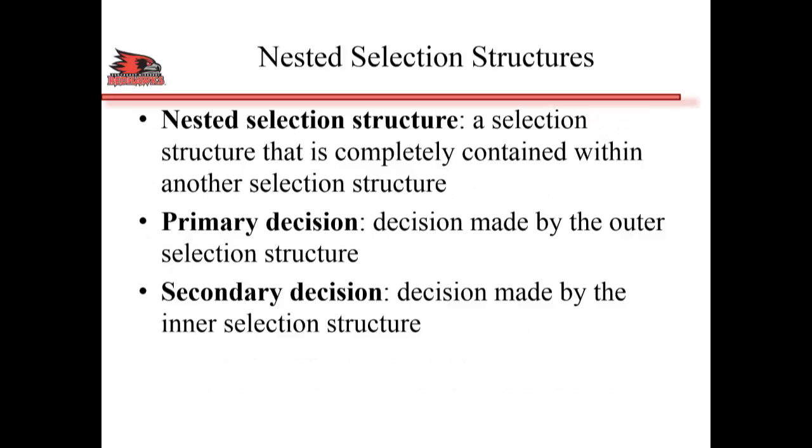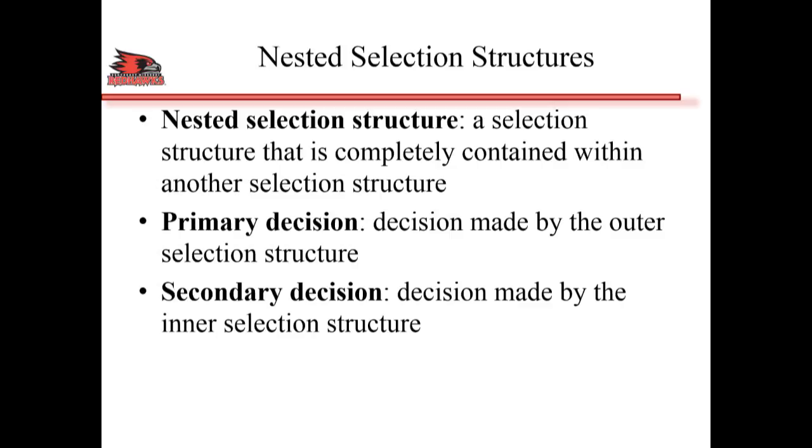Okay, so nested selection structures basically mean what I like to say as selection structure within a selection structure. So if you have an if-else statement or just an if statement inside another if statement, that's what we call a nested selection structure.